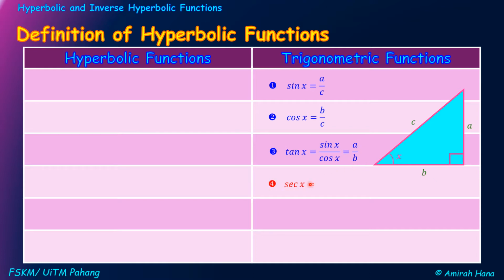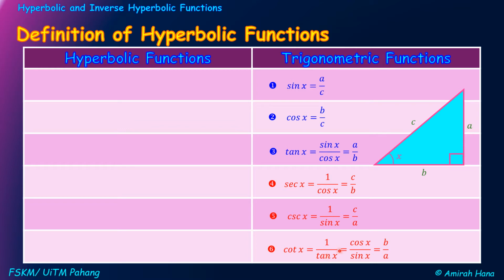And then tangent x equals sin x over cos x, which is opposite over adjacent, A over B. And then we have reciprocal functions. Sec x equals 1 over cos x. From cos here, we just exchange numerator and denominator, so we have C over B. And the reciprocal function for sine is cosec x. Cosec x equals 1 over sin x, which equals, from sin x here, we just exchange numerator and denominator, so we get C over A. And the last ratio is cot x.